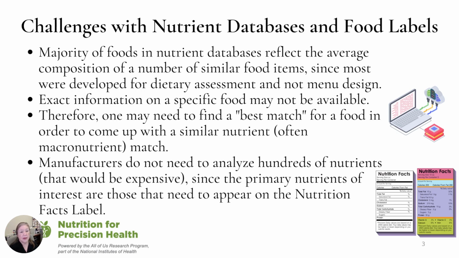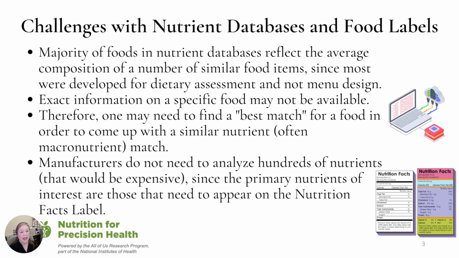So first of all, there are challenges with nutrient databases and food labels. The majority of foods in nutrient databases reflect the average composition of a number of food items, since most were developed for dietary assessment and not menu design. So the exact information on a specific food may not be available.